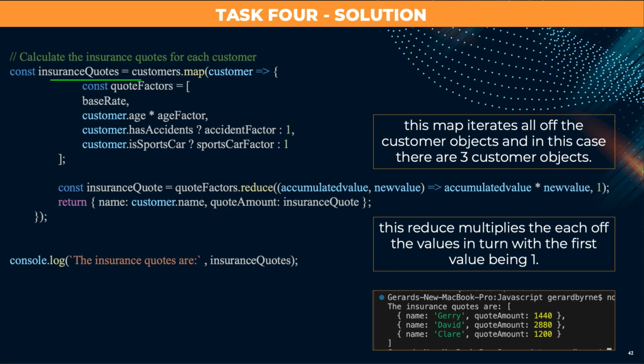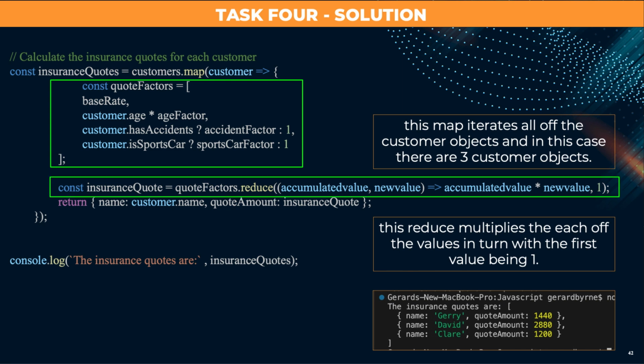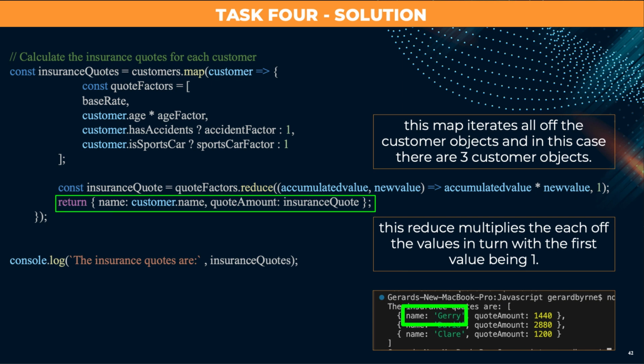Then we set up our array of quote factors as we did before. And then we set up a reduce. And the reduce again does exactly as it did before. But this will be for the first of the objects because we're doing a map. And then it simply returns the customer name.